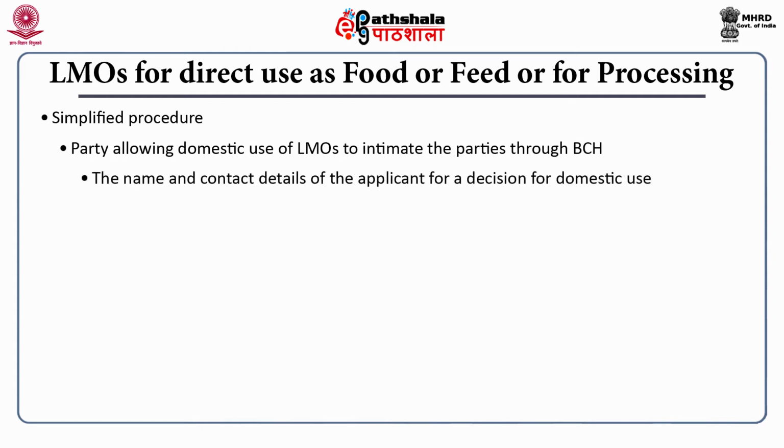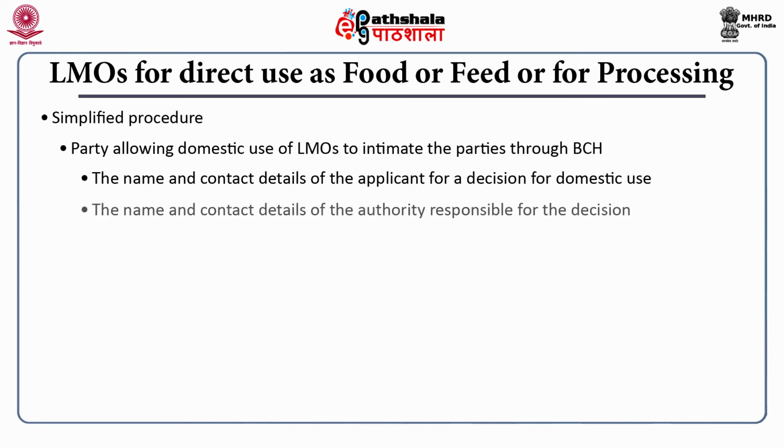So, the name and the contact details of the applicant for a decision for domestic use, the name and contact details of the authority which is responsible under the agreement, and what is the decision. The decision shall be comprehensive and reasoned.